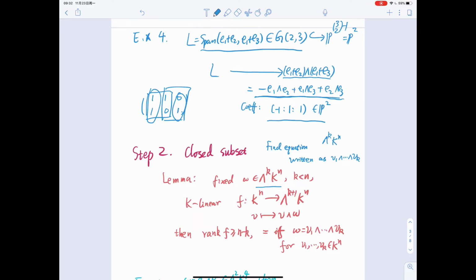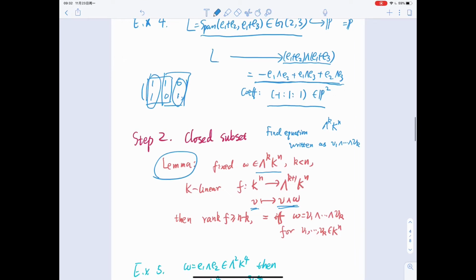And the key lemma is the following. For a fixed non-zero omega in Lambda^k K^n with k less than n, we consider the linear map F which sends a vector v in K^n to v wedge omega. Then the rank of F is no less than n minus k, and equality holds if and only if omega is a pure vector.